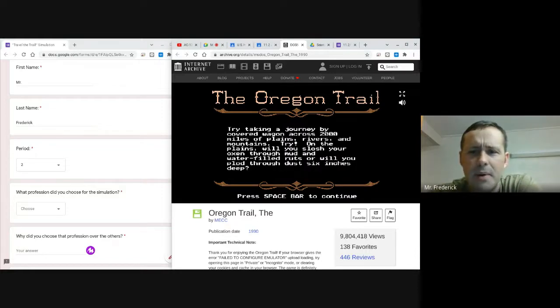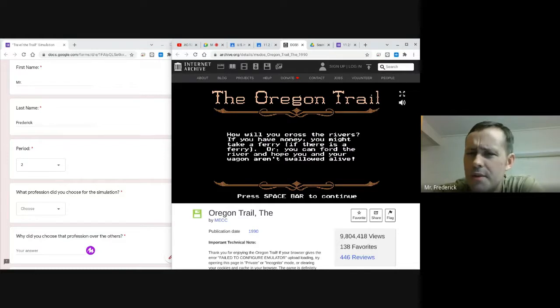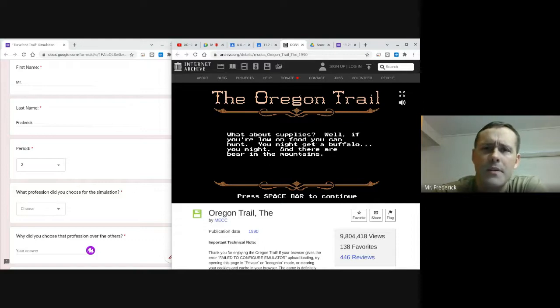Try taking a journey by covered wagon across 2,000 miles of plains, rivers, and mountains. Try. On the plains, will you slosh your oxen through mud and water-filled ruts, or will you plod through dust 6 inches deep? How will you cross the rivers? If you have money, you might take a ferry, if there is a ferry, or you can ford the river and hope you and your wagon aren't swallowed alive. What about supplies? Well, if you're low on food, you can hunt. You might get a buffalo.